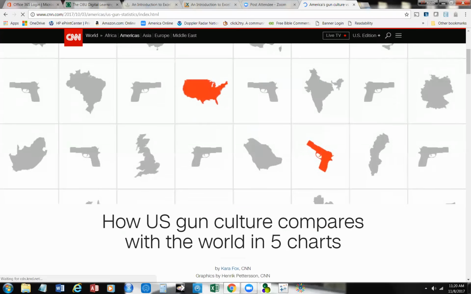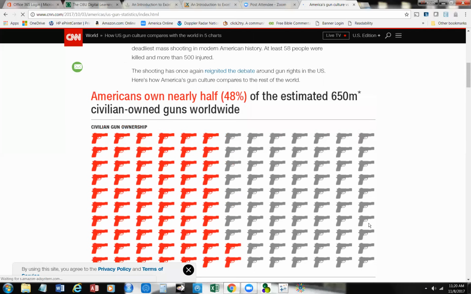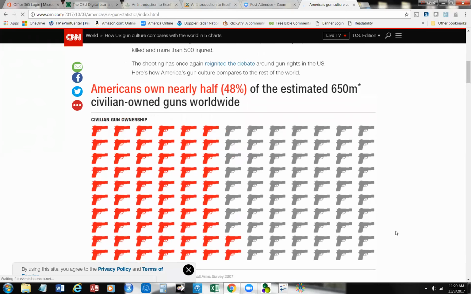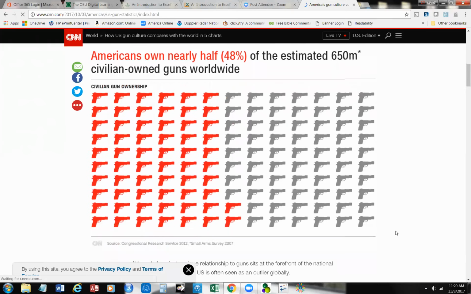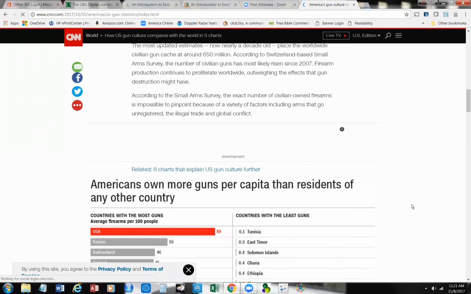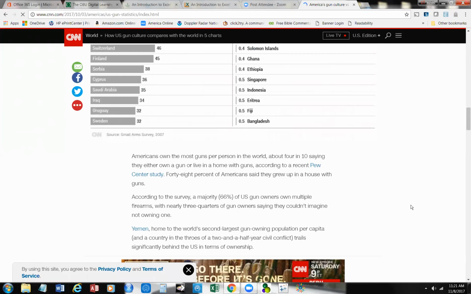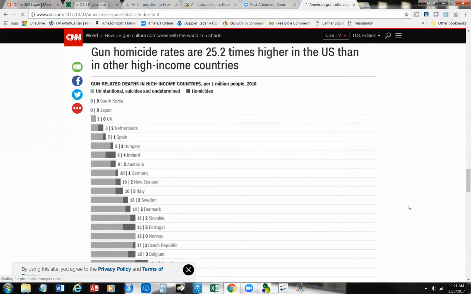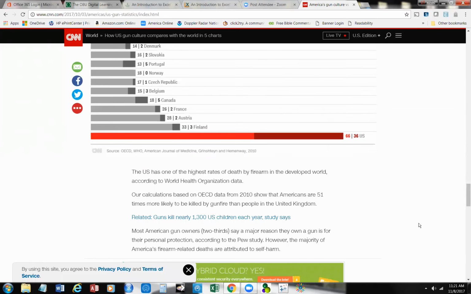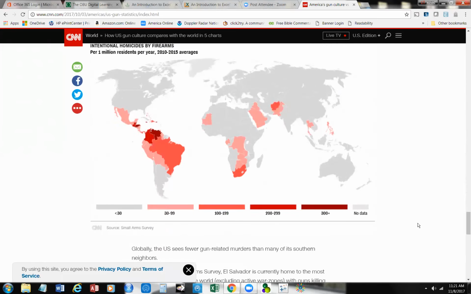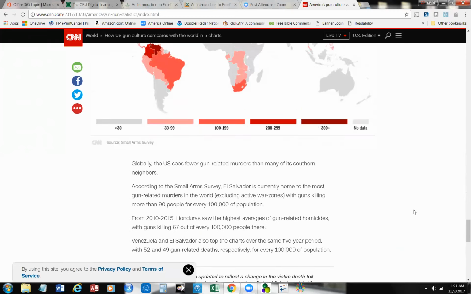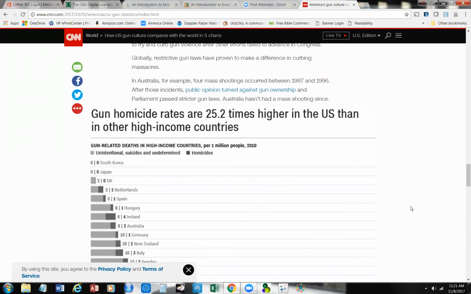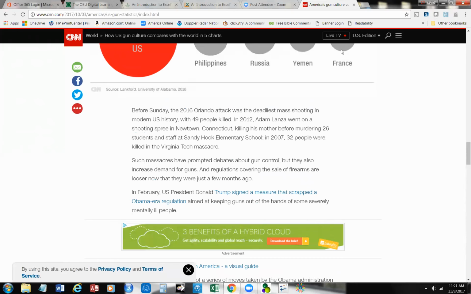Now, this compared the United States versus the rest of the world in terms of civilian-owned guns. They give us some bar charts, and I think this is the one, but they showed a linear trend line.